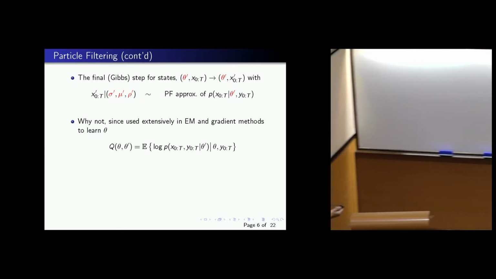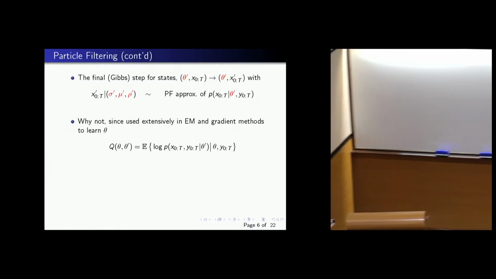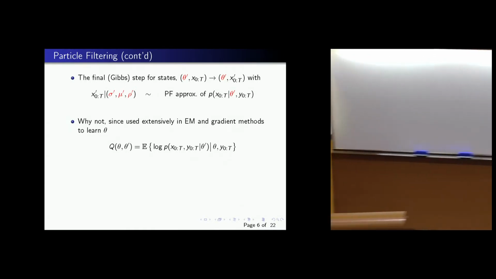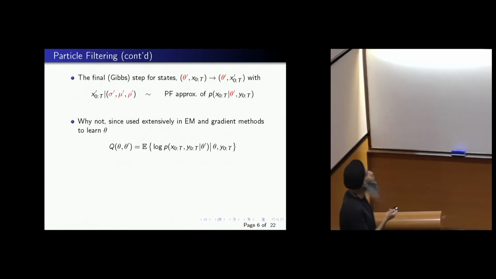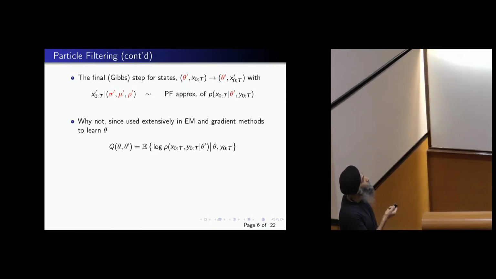And in particle implementations of the EM algorithm, we routinely replace this expectation that should be computed with respect to the law of the hidden states given theta and y_0 to t, so this should be a capital letter here, with a particle approximation. And nobody will quibble with you. Everybody is quite happy. So in that context, we could say, well, why not just repeat that idea within standard MCMC?